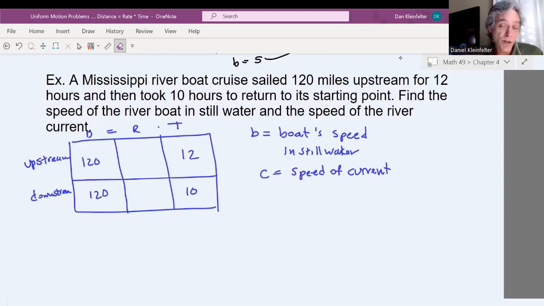Let's take care of downstream first because it's going to be easier to think about. If the boat is going in still water, it would be going, let's say, 10 miles an hour.